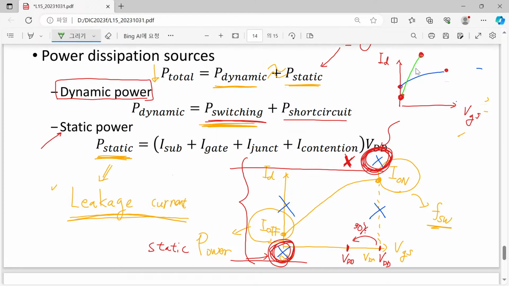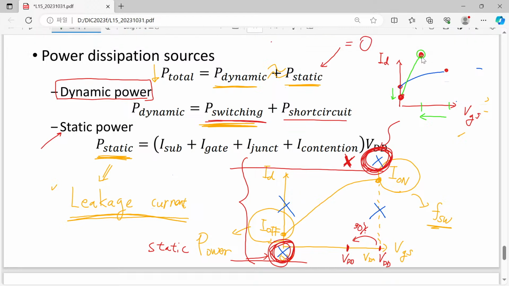So what happens in this case? Since VDD is reduced, the dynamic power consumption is greatly reduced. Since off current is reduced, the static power consumption is reduced. Finally, since on current is higher, our performance can be increased further.